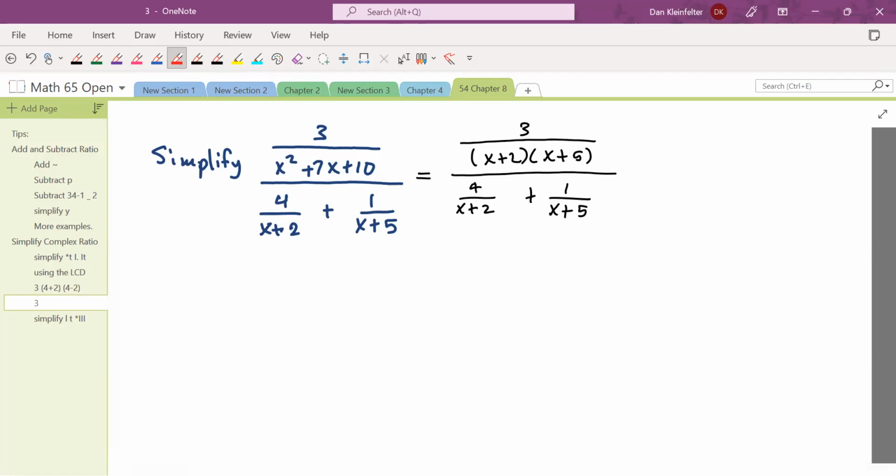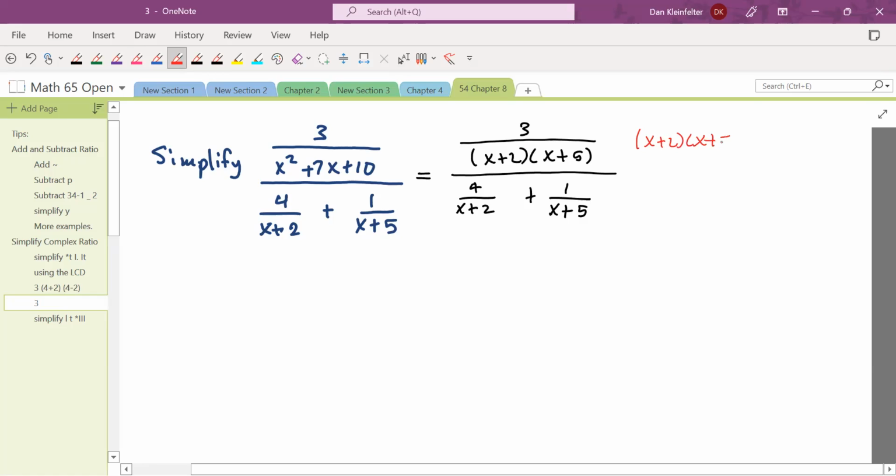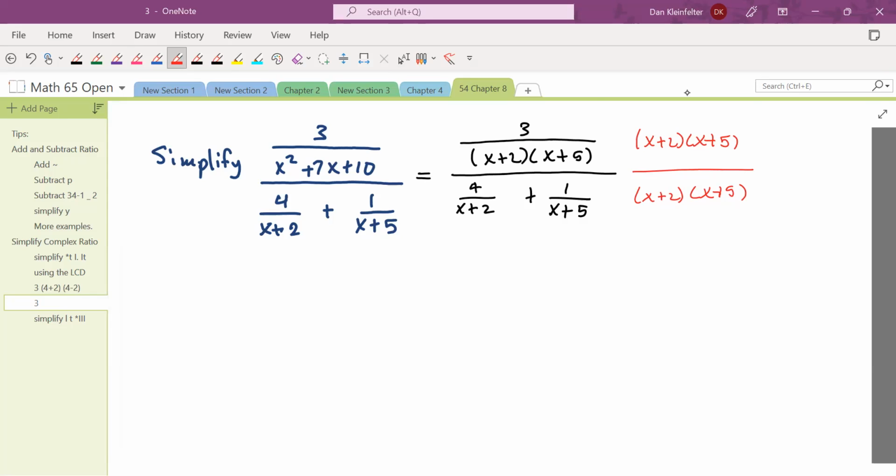Okay, so then we're going to multiply the top and bottom by x plus 2 times x plus 5. Okay, so then once again, each of the terms in the numerator and denominator get multiplied by that product.